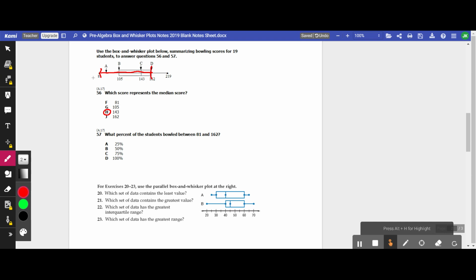So the first whisker, from here to where B is, is 25%. Then from 105 up to 143 is also 25% of your data, and you have another 25% here. So you'll have 3 sections at 25% each, from this section, this section, and then from C to D, so that would be 75%.